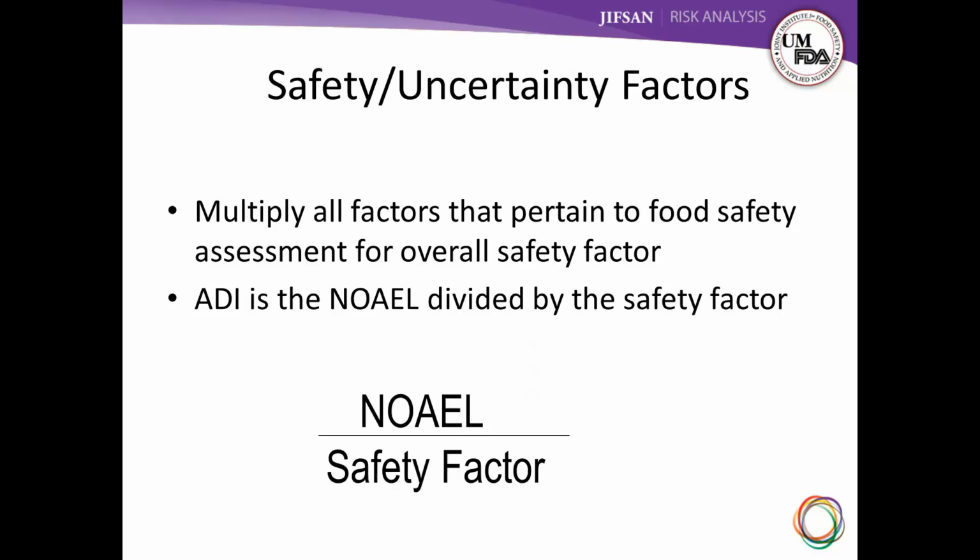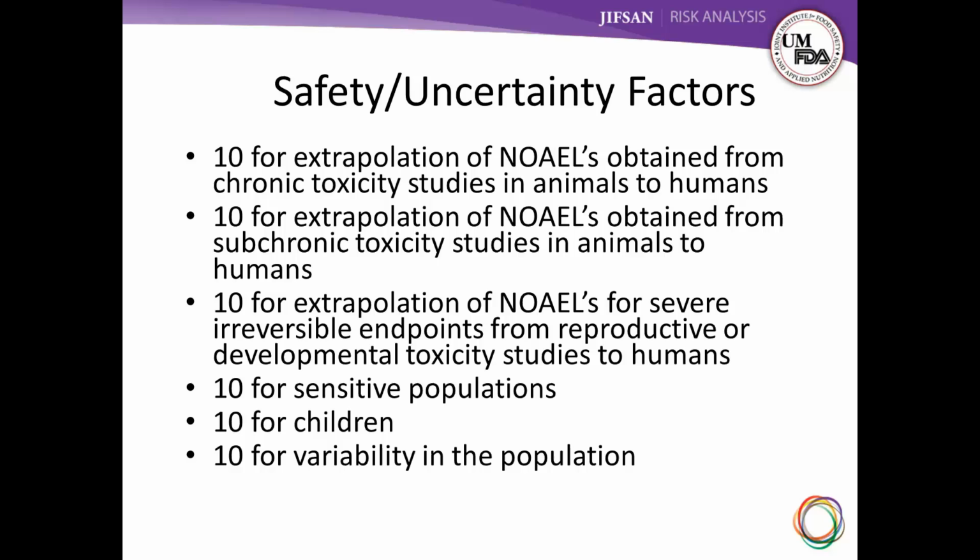And the way that would work basically is you get the NOAL, as you see at the bottom of the screen, and you would divide it by a safety factor. To get a safety factor, you're going to multiply all the factors that pertain to a particular assessment. So here's an example of what you might do. You might say, okay, well, we'll use a 10 because we're extrapolating from animals to humans.